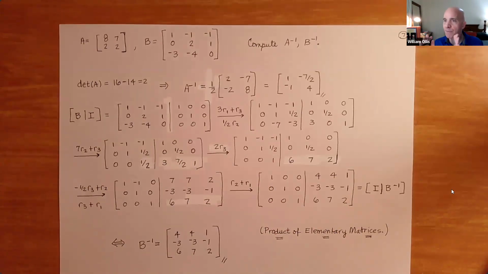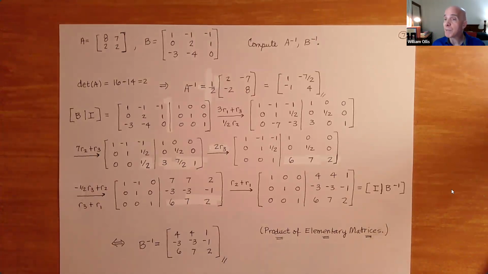And the recording of those elementary matrices actually produces the inverse matrix, because as we multiply all of those elementary matrices together, we basically end up with a left inverse of B. Matrix inverses are unique.